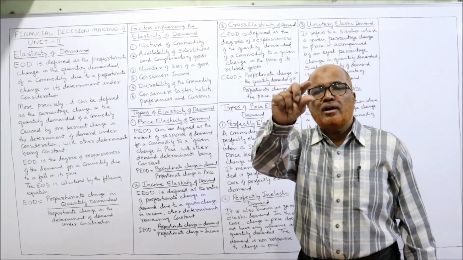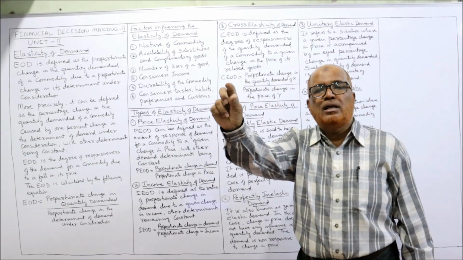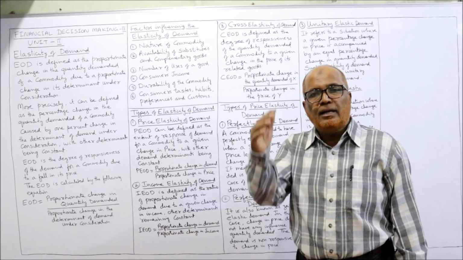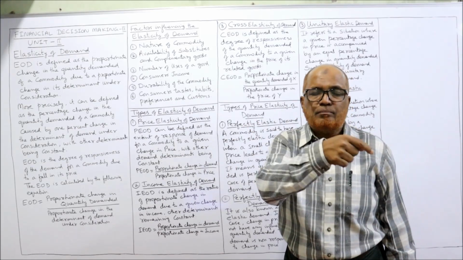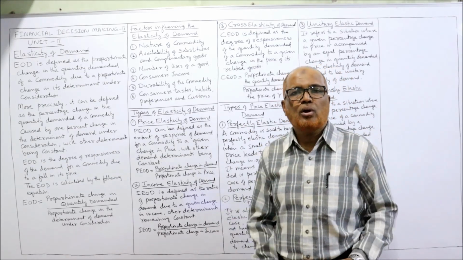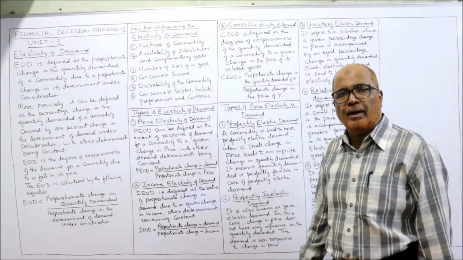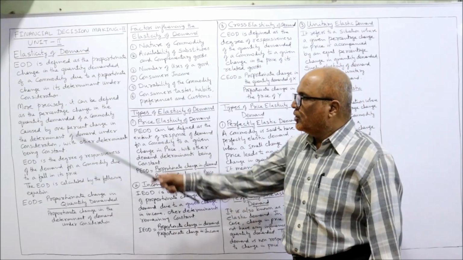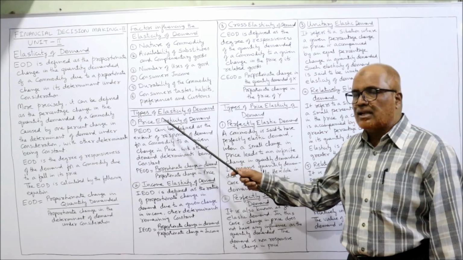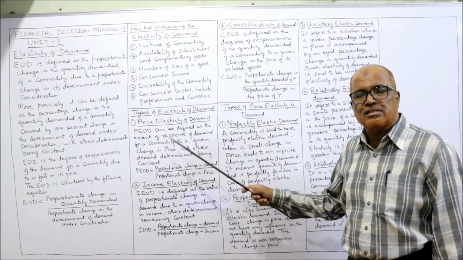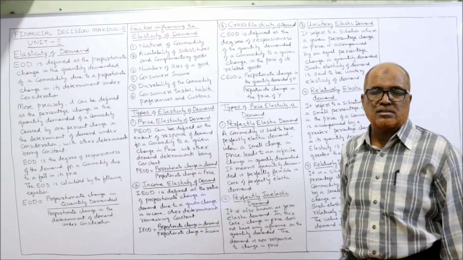So we take in the numerator the proportionate change in demand of Hyundai divided by the proportionate change in the price of Maruti. That is called cross elasticity of demand. So I have explained to you the meaning of the term elasticity of demand and the types of elasticity: price elasticity, income elasticity, cross elasticity.